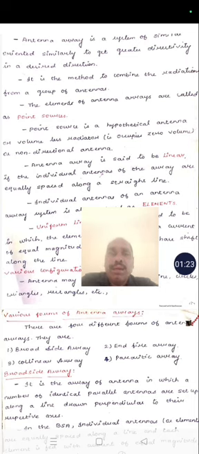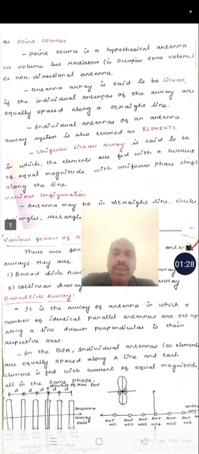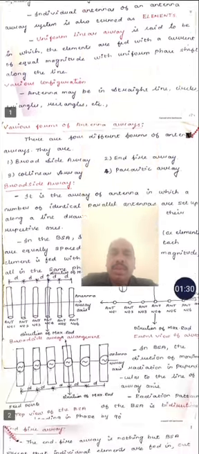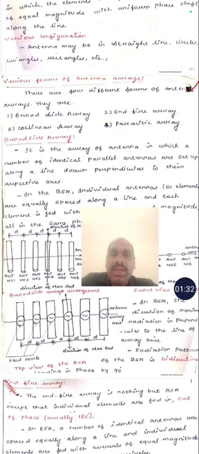There are different types of antenna arrays available. The first one is broadside array, then end fire array, then parasitic array.